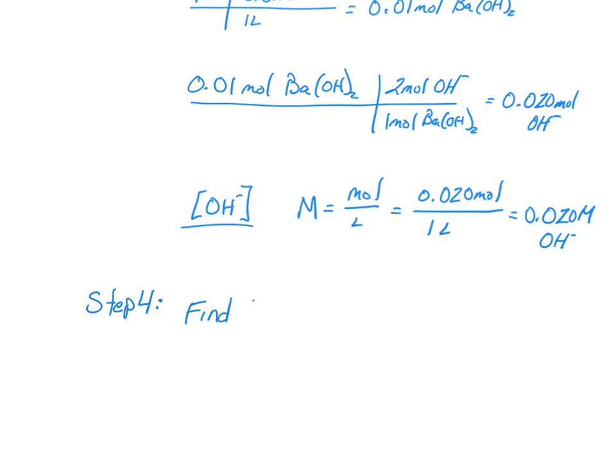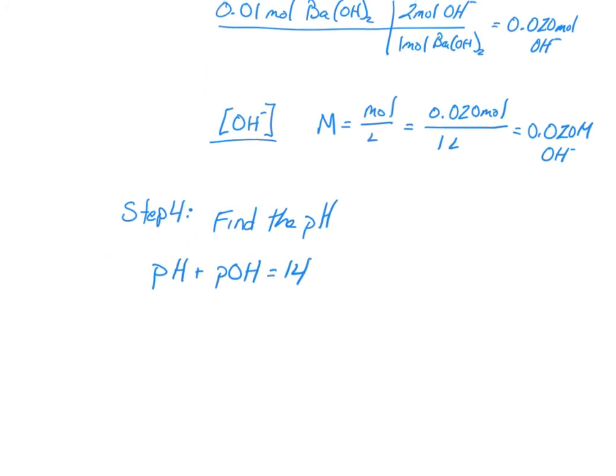So now I can move on to step 4, which is finding the pH. And I'm going to use the relationship that pH plus pOH is equal to 14, and that pOH is equal to minus log of the concentration of the hydroxide ion. And so this is minus log of 0.020 molar.